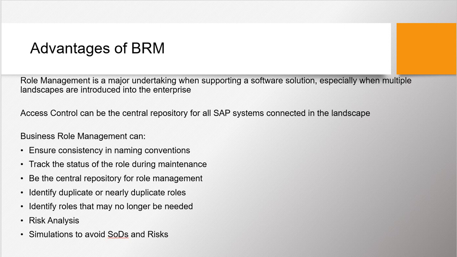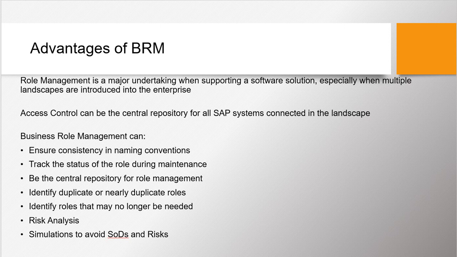When I say compatible, you'll have to maintain the role attributes in AC in the BRM module, like role owners, for example. You will have to do it manually for each and every role, one at a time.